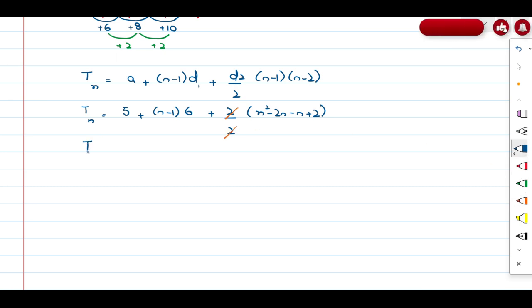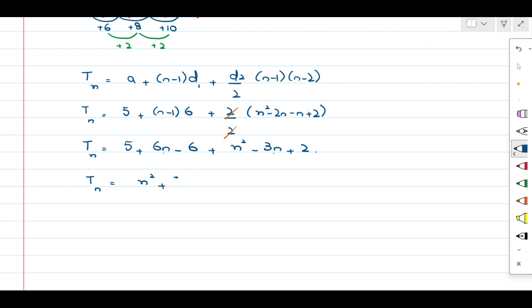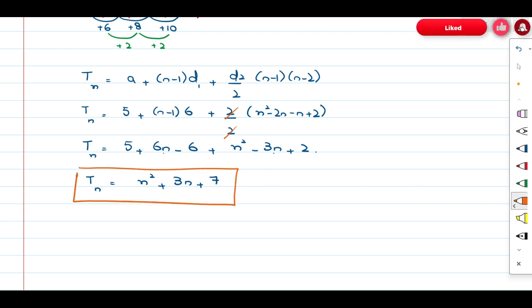So Tn equals 5 plus 6n minus 6 plus n square minus 3n plus 2. First we write the n square term, then the n term: 6n minus 3n is plus 3n.